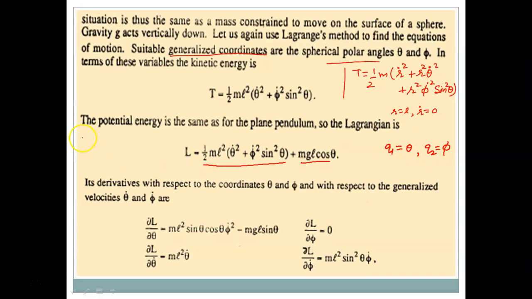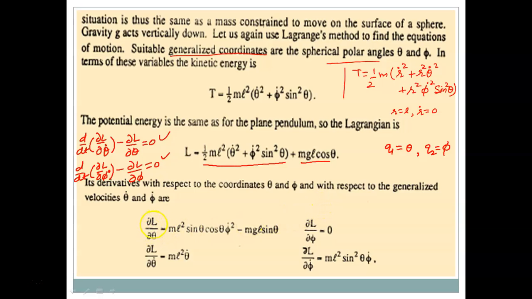The first is d by dt of del L by del theta dot minus del L by del theta equal to 0, and the second is d by dt of del L by del phi dot minus del L by del phi equal to 0. Using these two equations, we can obtain the desired equations governing the motion of a spherical pendulum.